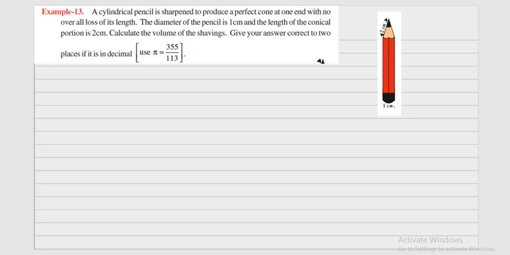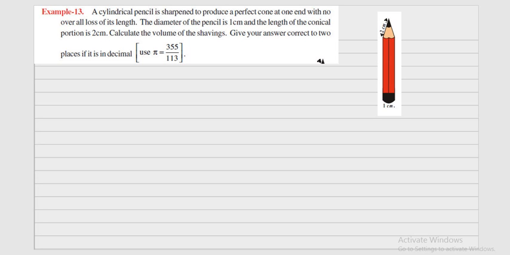Here he has sharpened it in such a way that the length of the pencil remains the same. The diameter of the pencil is 1 centimeter and the length of the conical portion is 2 centimeters. Calculate the volume of the shavings.